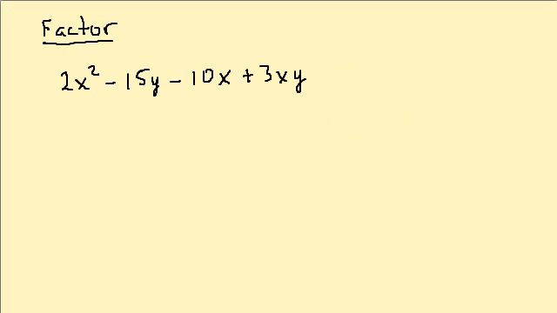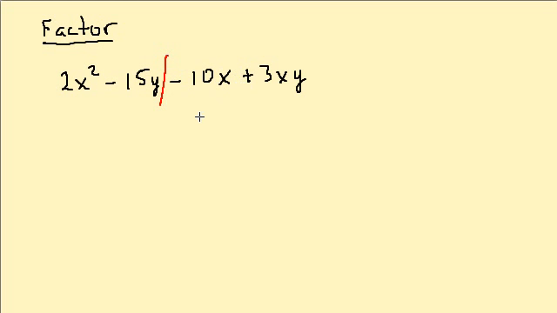Let's take a look at one more example. Okay, I have x squared minus 15y minus 10x plus 3xy. Now, when I look at this, I have 4 terms. So just like we've done before, we're going to split it down the middle. Okay, here I can factor out an x.